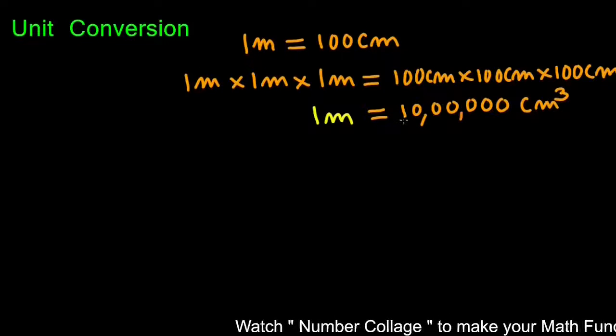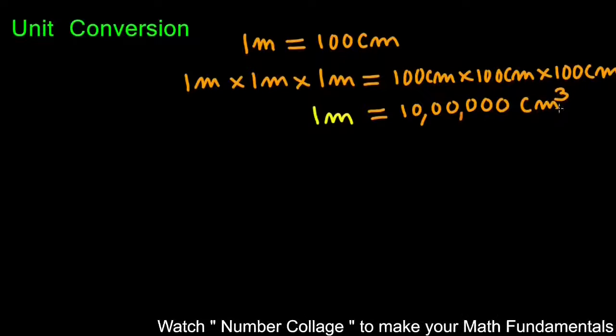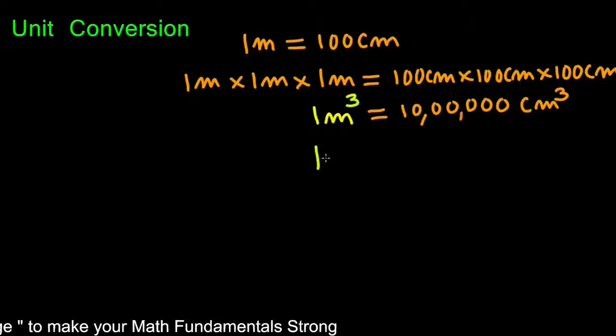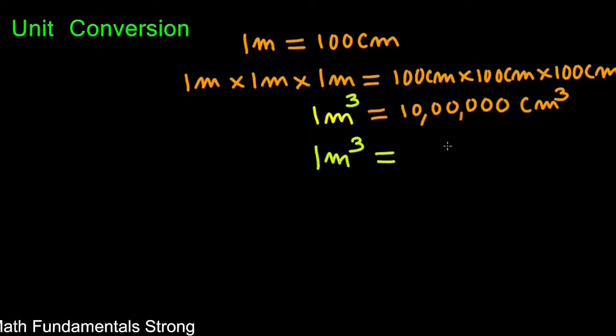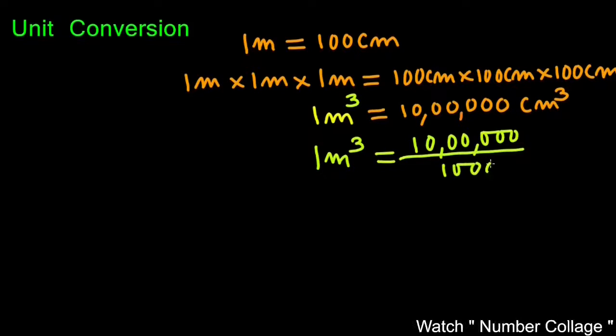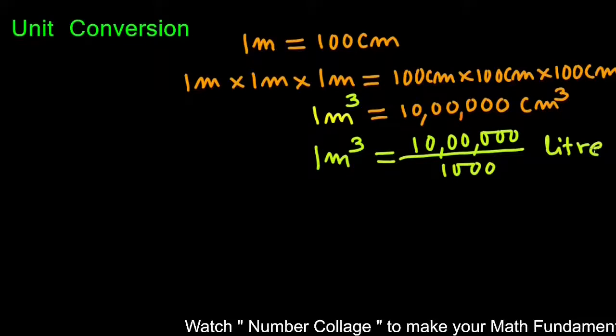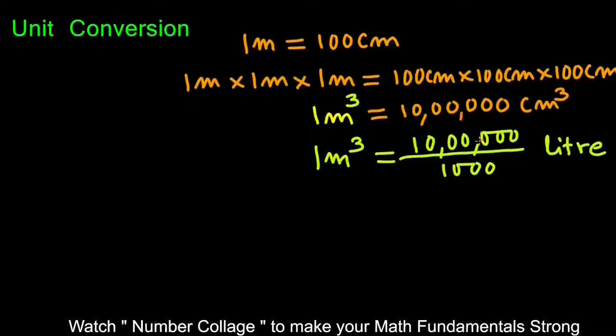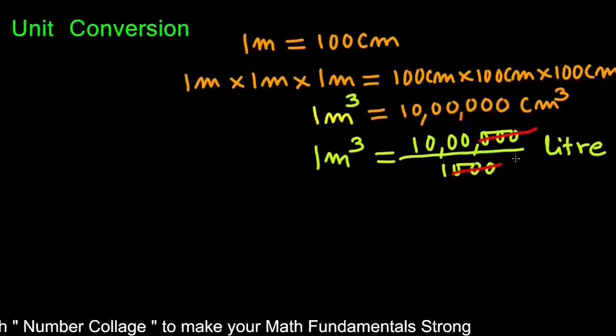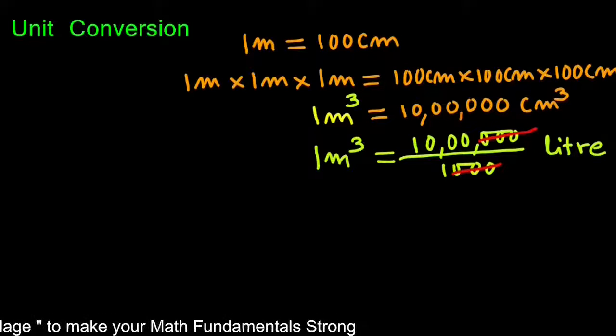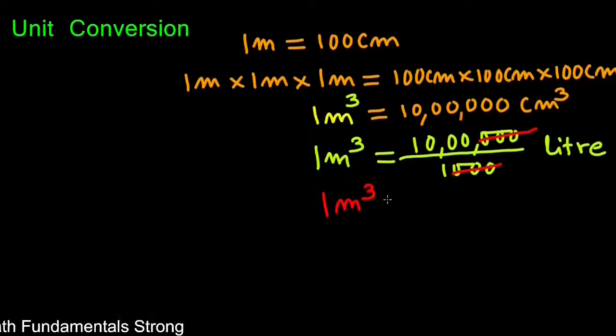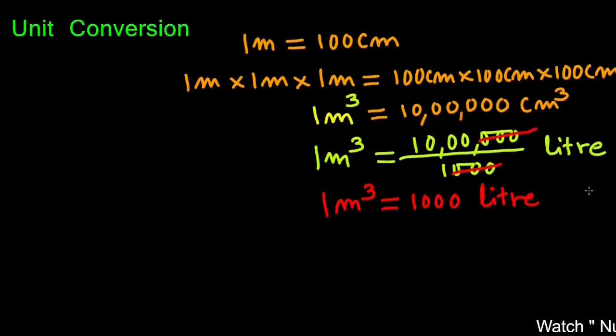But if we divide this 10 lakh centimeter cube by 1000, we get 1 meter cube equals 10 lakh upon 1000. This will be liters. So these three zeros cancel with these three zeros, and what we get is 1 meter cube equals 1000 liter.